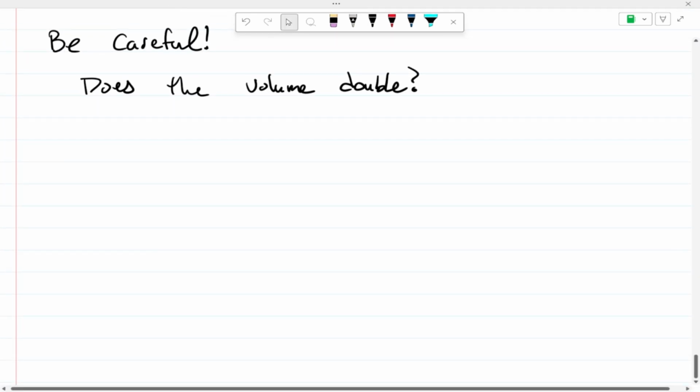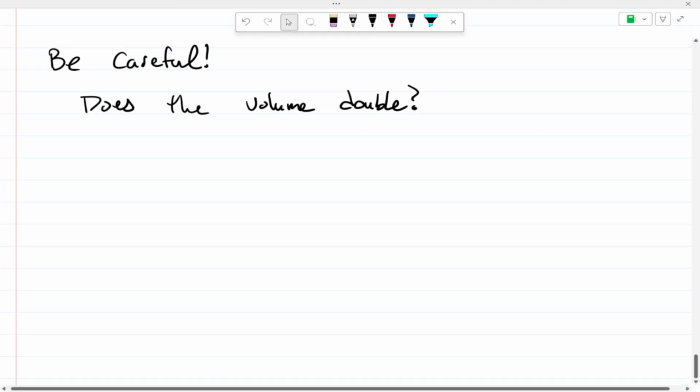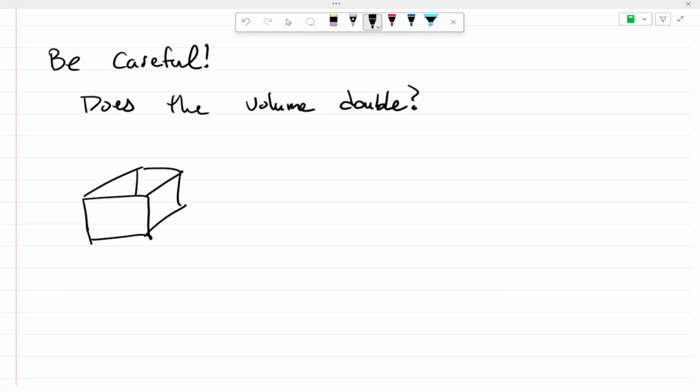All right. So I have two of the same shape. So the first one is going to be a cube, where all the sides are 1 centimeter.